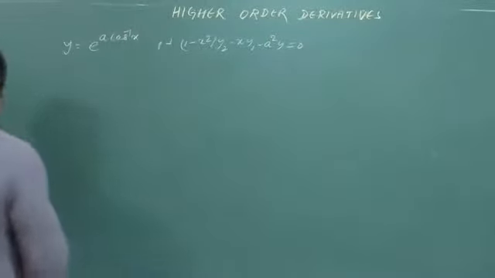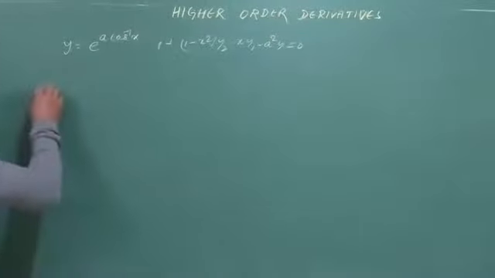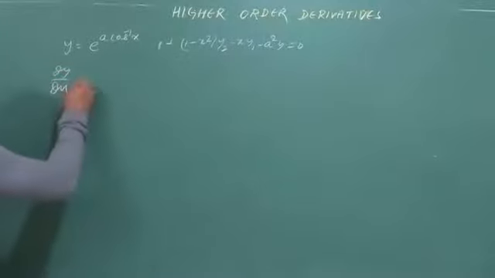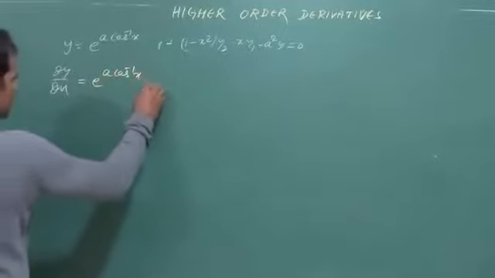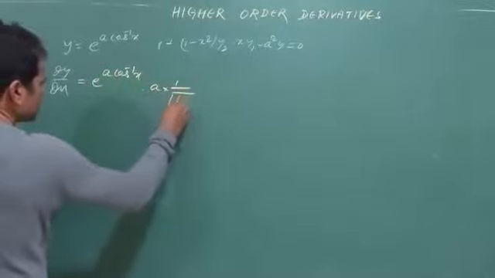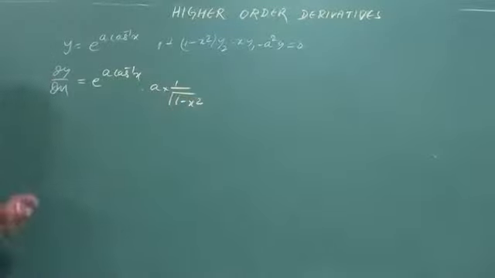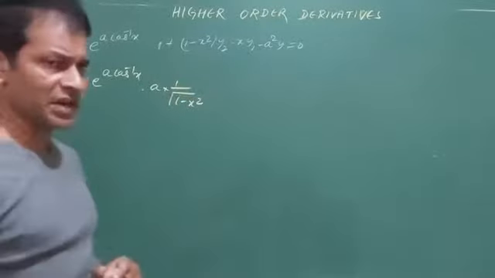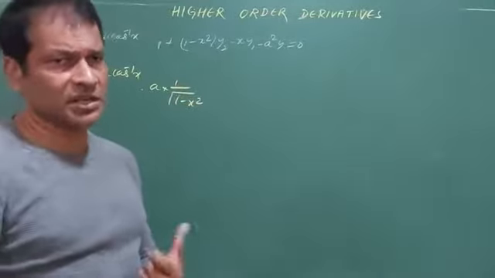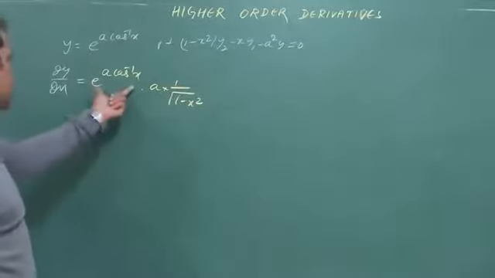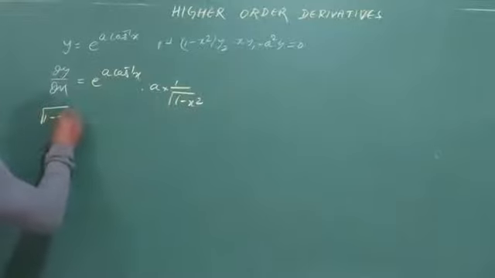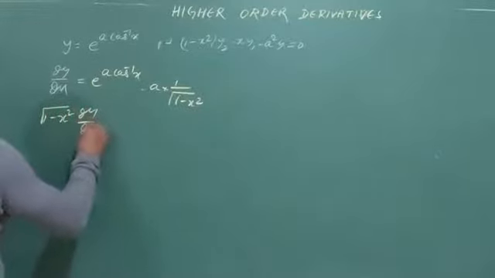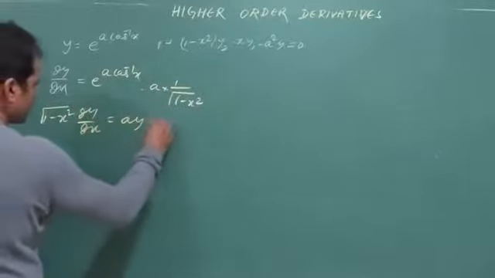Okay, dy by dx is e to the power a cos inverse x into a into 1 by under root 1 minus x square, with a negative sign. Now two things will be adjusted here. What I told: cross multiply, replace the original value by y. So (1 minus x square) dy by dx is equal to a y, equation number 1.